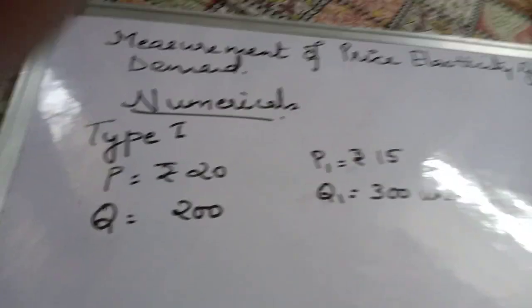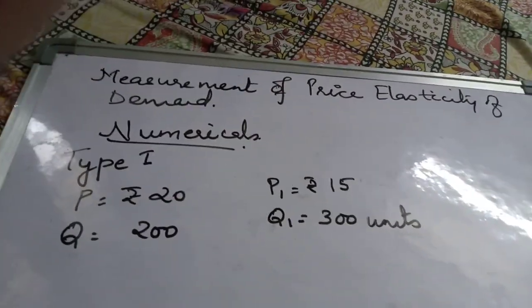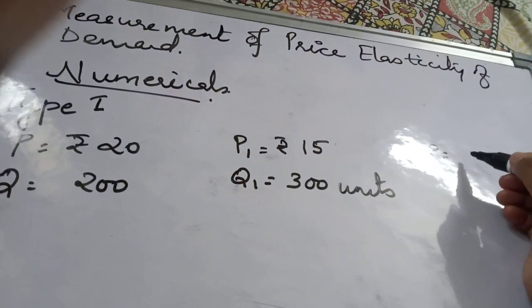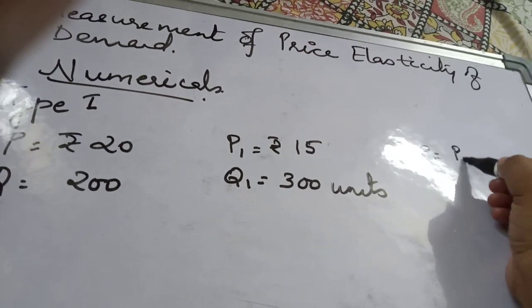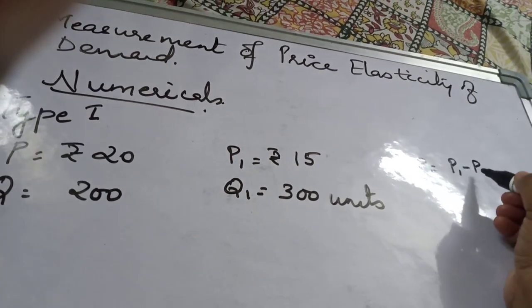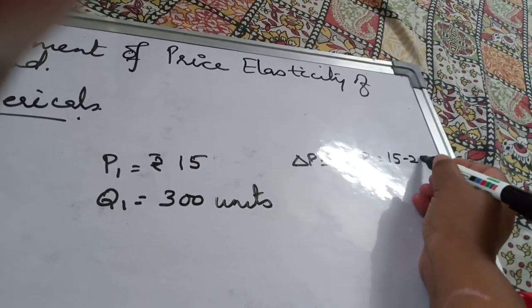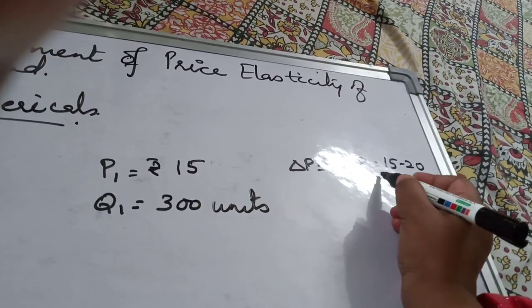So if we want, we can calculate change in price, that is delta P. Delta P is equal to new price minus the original price. So here it is 15 minus 20, which is equal to rupees 5.